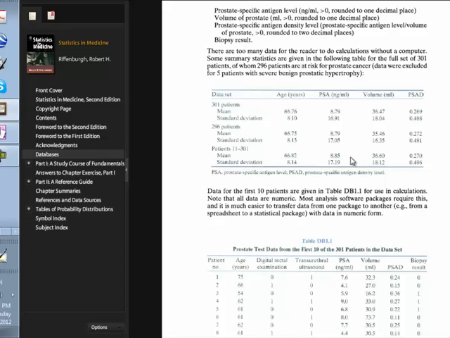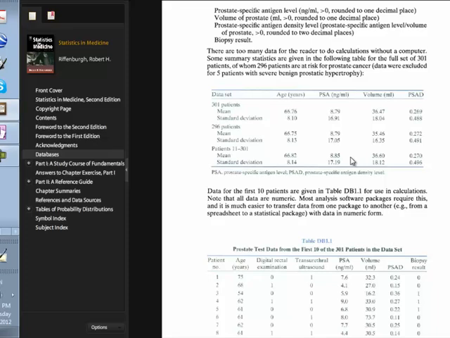So the 301 patients is basically what we have down here. 5 were excluded. Why? Because there was no homogeneity. They would actually have corrupted the sample. The description says that 5 of them had severe benign prostatitis. So once it's identified as benign, there's no cancer. That's why they have been taken out of the sample.